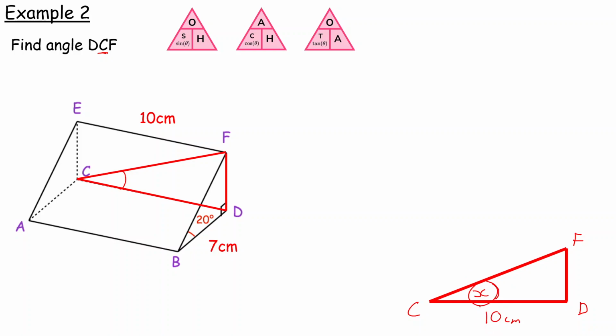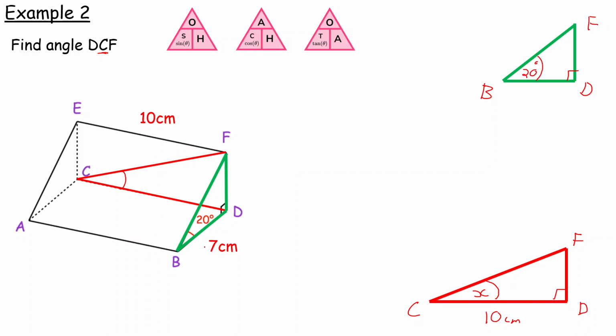I need either this side or this side. So I've got to use a second triangle, and I can do that by using this triangle, BD to F, where I've got B is here, D is up here, and F is here. I've got a right angle at this point, so I should draw that down here as well. And on this triangle, I've been given angle B, which is 20 degrees.